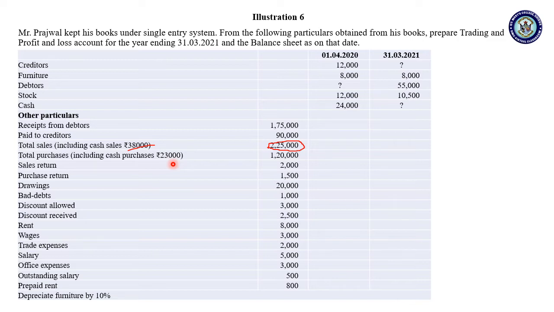Okay, next, total purchases. Total purchase means it is the sum of credit purchase and cash purchase.